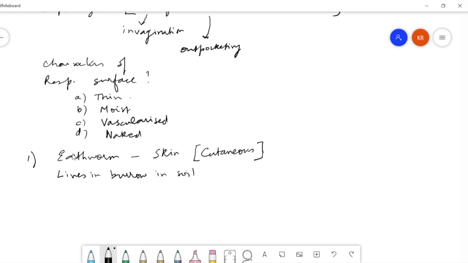You see, the earthworm lives in a burrow inside soil. Some earthworms live, say, 6 inches below, some live about 1 foot below, some live about 3 feet below, some live sometimes even 6 feet below, depending upon the species. But on an average, about 6 to 12 inches beneath the soil. And throughout the year, they are relatively inactive.